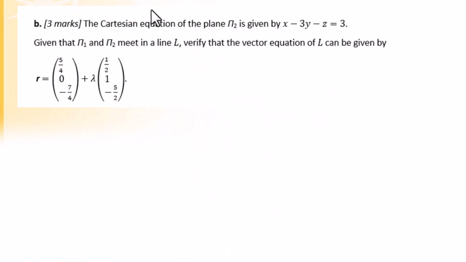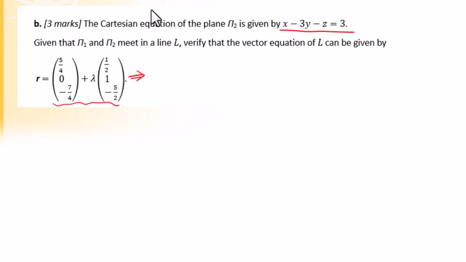Let's go to B. The Cartesian equation of the plane π2 is given by x minus 3y minus z equals 3. Given that π1 and π2 meet in a line L, verify that the vector equation of L can be given by this equation.